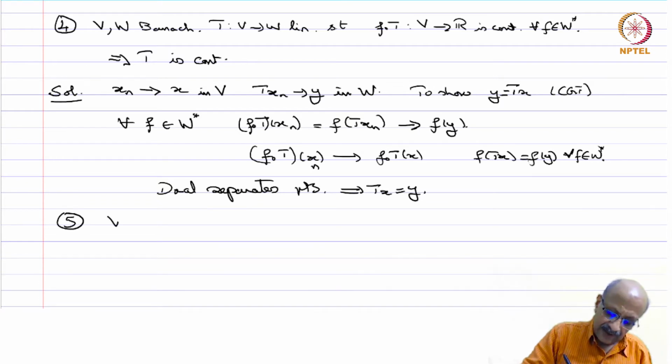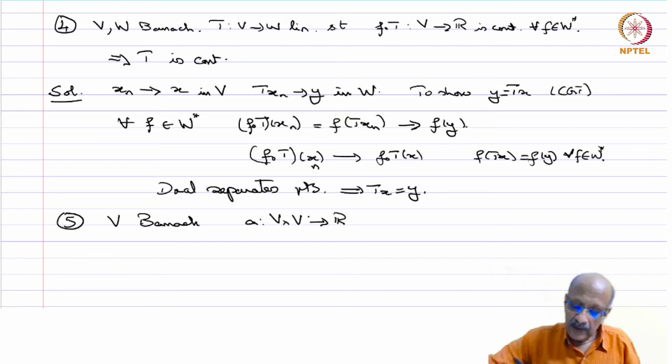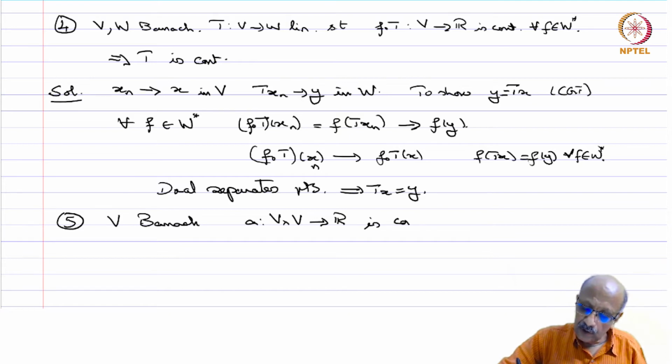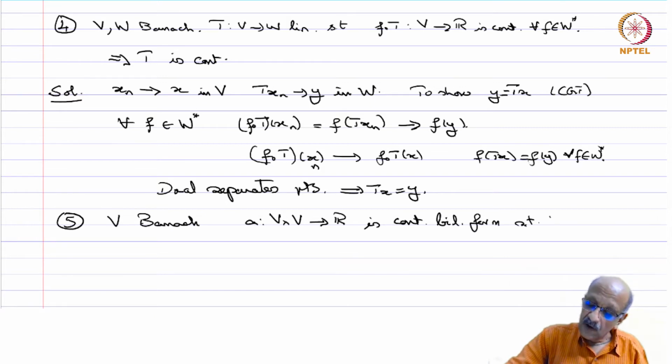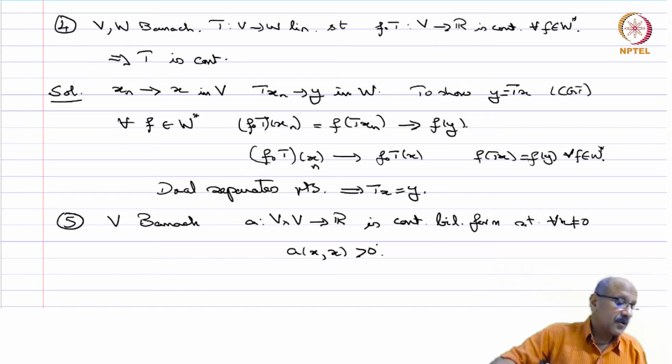So this is another nice exercise again. So V is Banach and A from V cross V to R is a continuous bilinear form such that for all x not equal to 0, A of x,x is strictly positive.